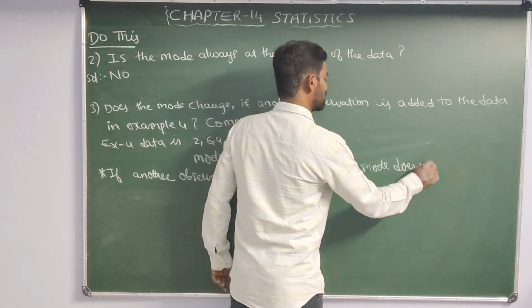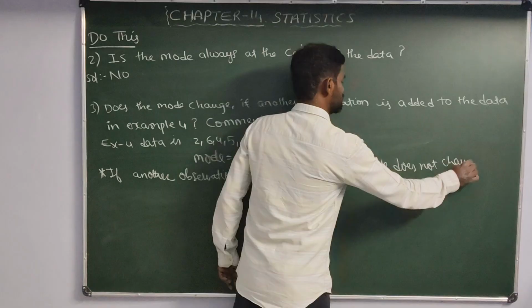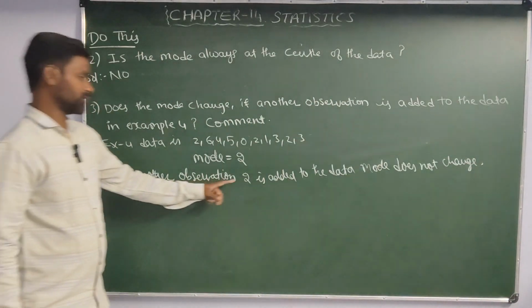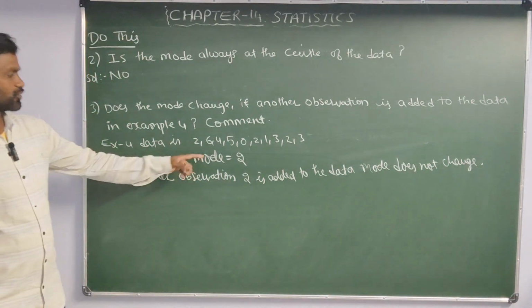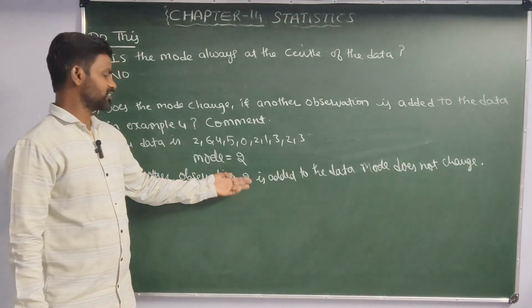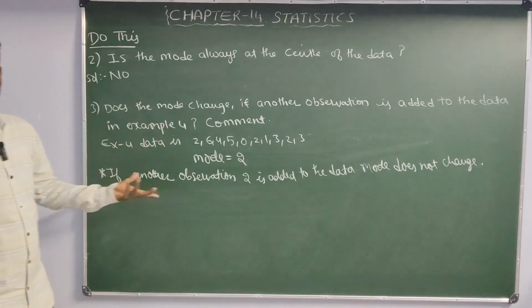This is our point. If the same observation, that is 2, is added, actually 2 is the mode now. If we add one more observation 2 to the given data, mode does not change.